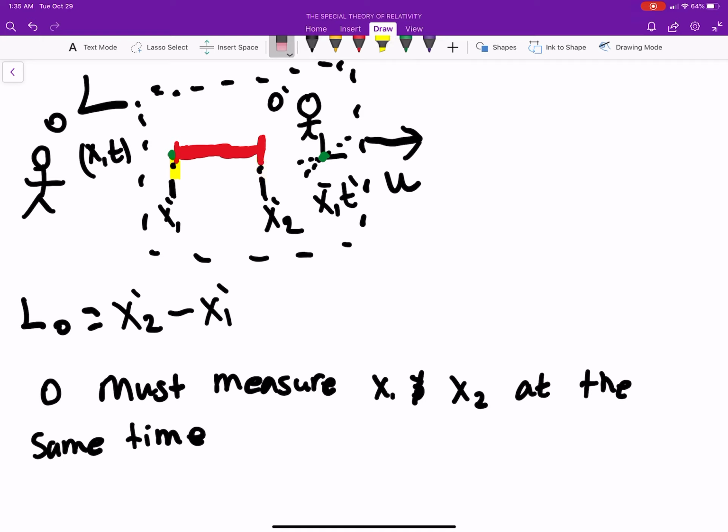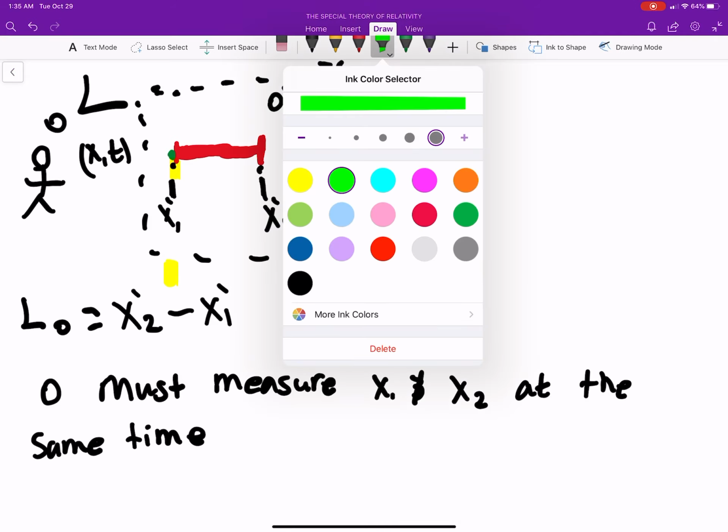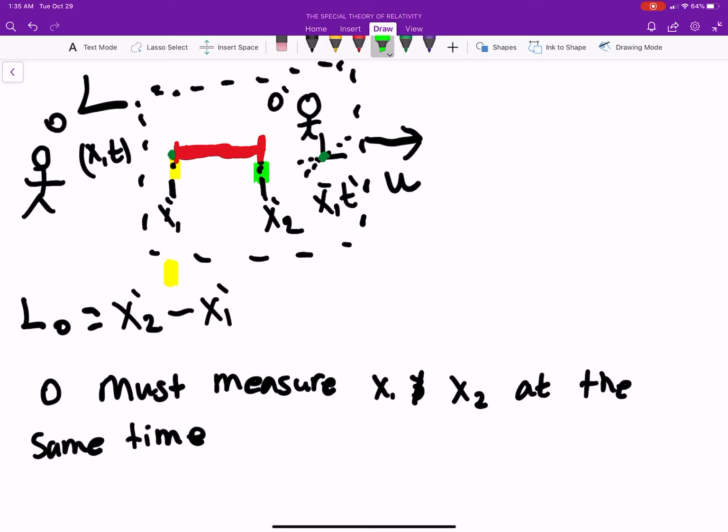So you're going to get here, and then by the time he looks back, maybe this second part is way over here. So you're going to measure this huge length, L, and that's obviously not the length of the rod. So he has to measure those two events, the ends lining up, at the same time. Otherwise, he's not going to get an accurate measurement.